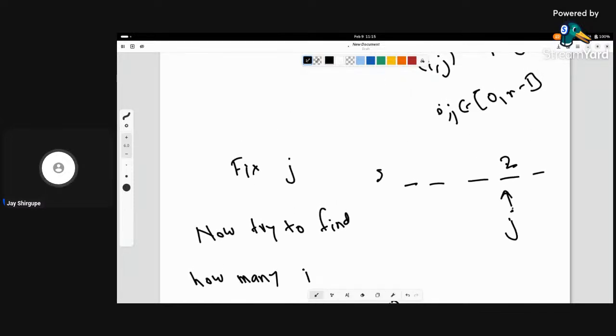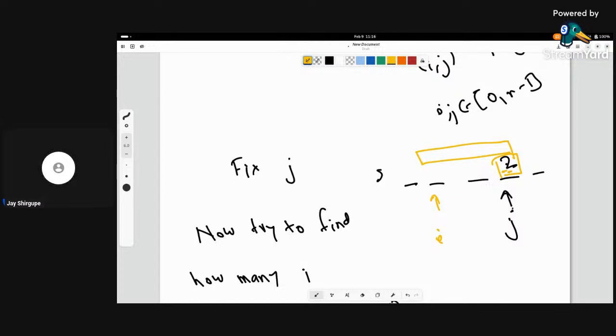If you pick that i and take this entire substring, it would be divisible by s[j], which we have assumed to be 2.